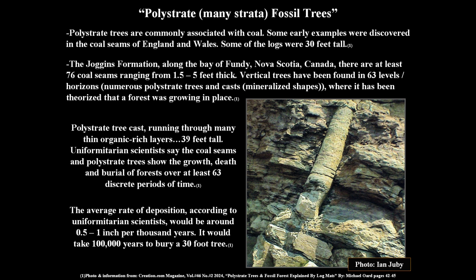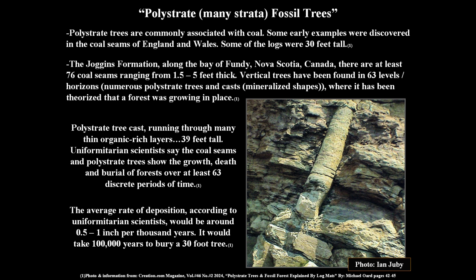It has been theorized that a forest was growing in place. Polystrate tree casts run through many thin organic-rich layers, 39 feet tall. Uniformitarian scientists, that's your evolutionists, say that the coal seams and polystrate trees show growth, death, and burial of forest over at least 63 discrete periods of time.